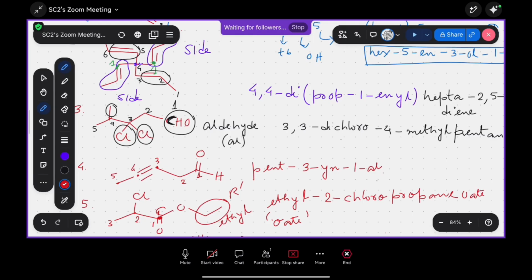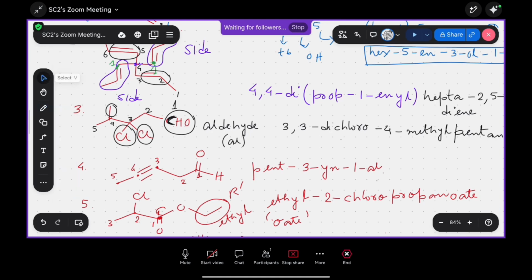Now see again, e and o, two vowels are adjacent to each other, which is not possible. That is why we simply write propanoate. Ethyl 2-chloropropanoate. When do we use the suffix oate? Whenever we have the ester functional group.